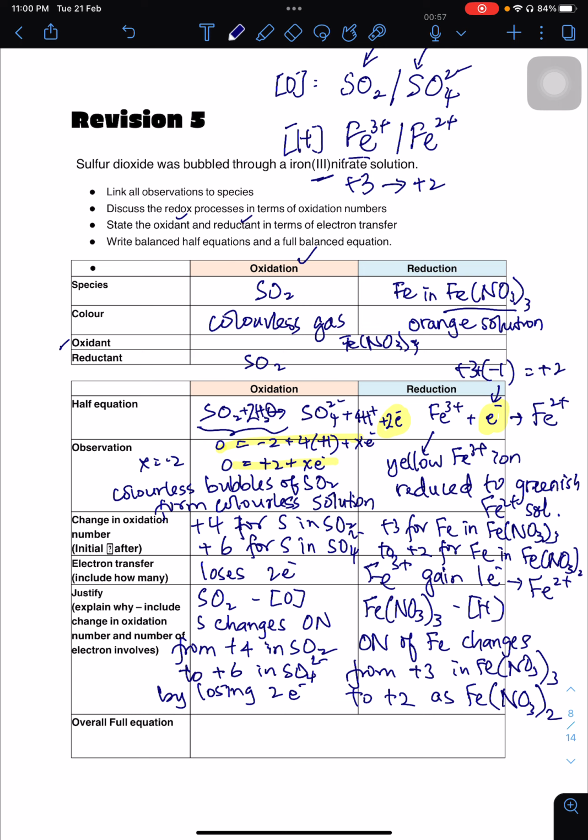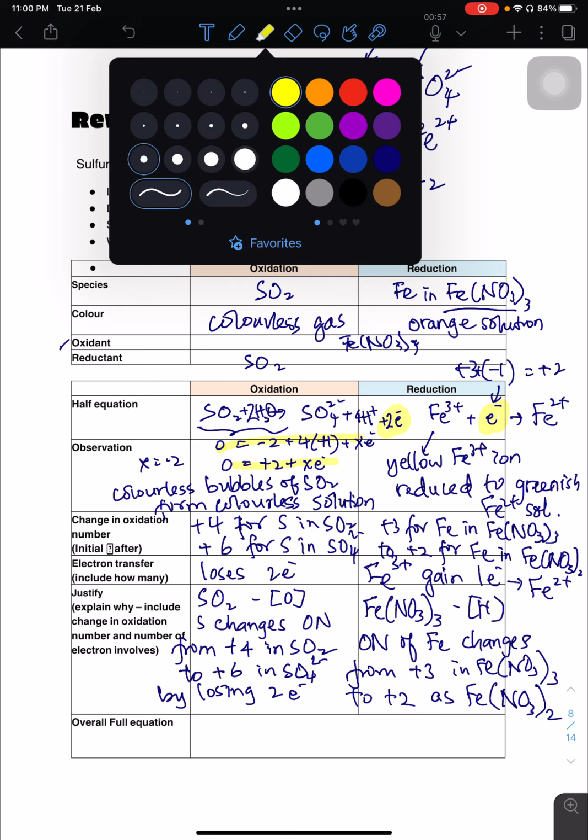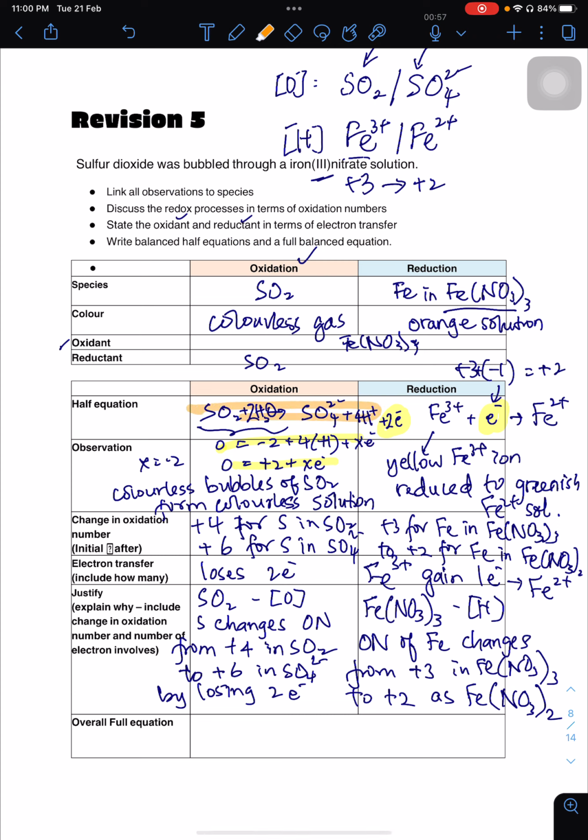So once we have two of these half equations, your next step is to combine these two half equations, okay, into one. So what you need to check for before you combine them is, okay, looking at the number of electron. So the oxidation half equation loses 2 electrons.